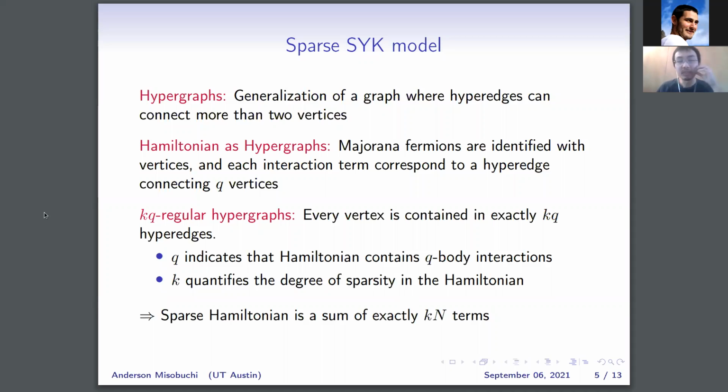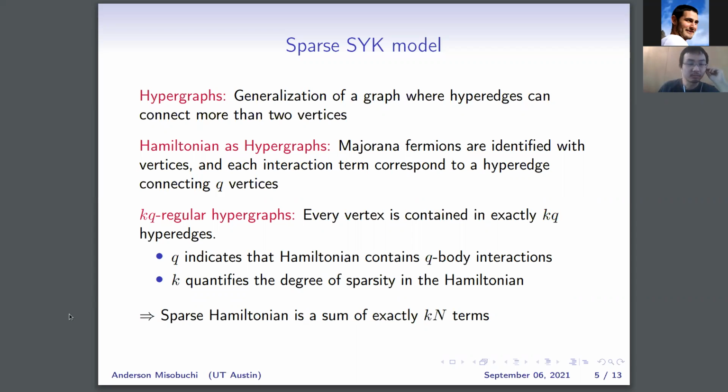The way we are going to implement this sparsification in this model is to choose a k times q regular hypergraph, which means that each Majorana fermion is going to be contained in exactly k times q terms in this sum. Or in the hypergraph language, every vertex is contained in k times q hyperedges. Just to clarify the notation, q indicates the q-body interaction in the Hamiltonian, and we introduced this parameter k that quantifies the degree of sparsity in the Hamiltonian.